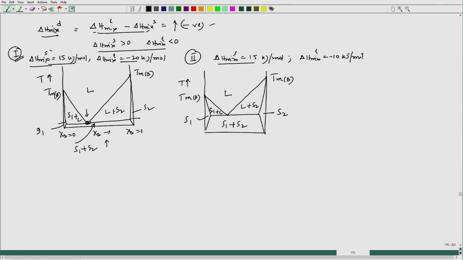So, what changes have we noticed? Since liquid stability has actually decreased, this point has moved upward, that allows this particular line to expand a bit. Okay. So, that is what exactly happened, and that allows the extension of the S1 and S2 zones, the single phase terminal solid solution zones.